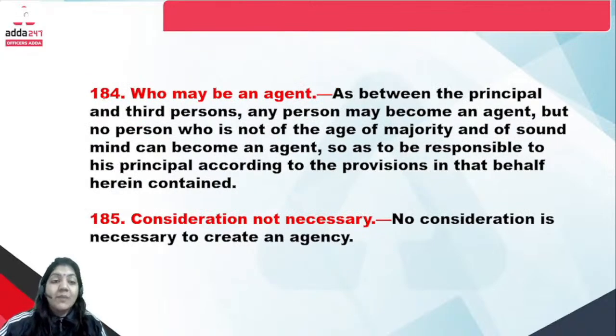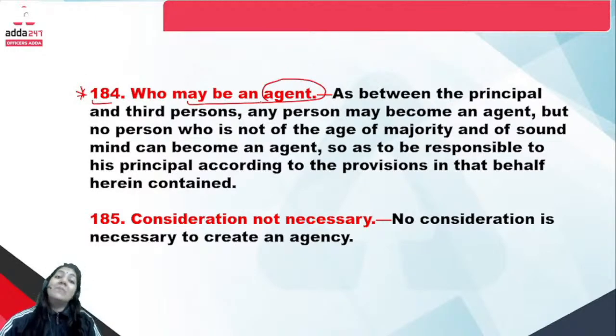Now the second important section, 184: who may be an agent? As between the principal and the third person, any person may become an agent, but no person who is not of the age of majority, and not of sound mind, can be an agent.